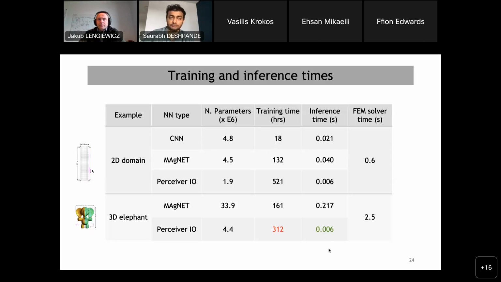Another issue we observed with Perceiver was that beyond a certain input size, around 10,000 degrees of freedom, it failed to learn at all, while MagNet and CNN comfortably learn the solution because we already know how to perform these forward aggregations in a smarter way.